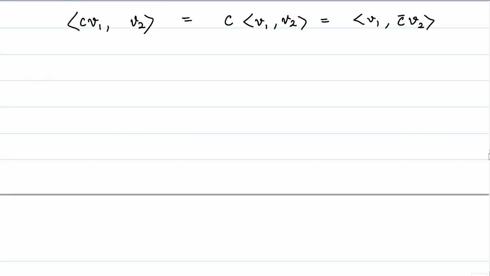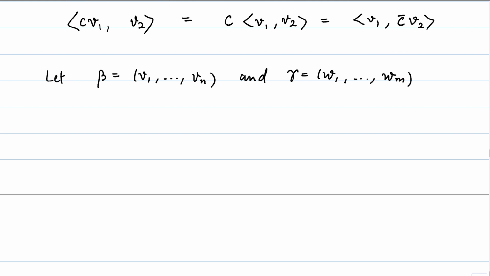So our next goal here is to compute the matrix of T star in terms of the matrix of T by using an orthonormal basis. So let's fix beta, say V1 to Vn, and gamma, say W1 to Wm. In this case, we are in finite dimensional vector spaces.